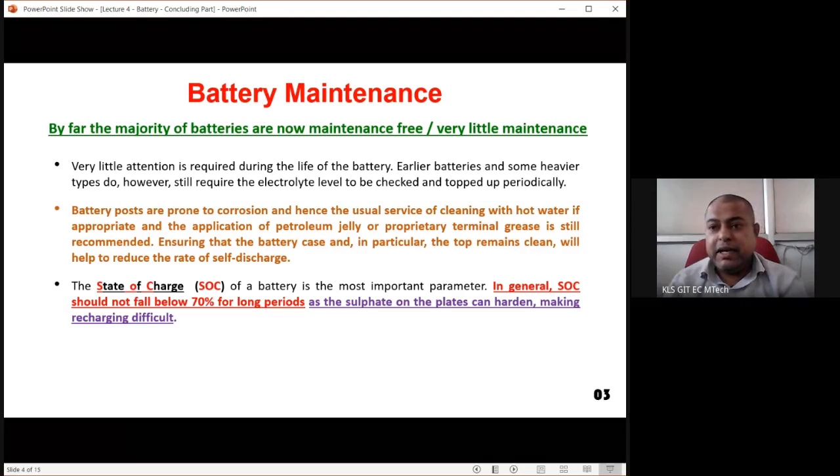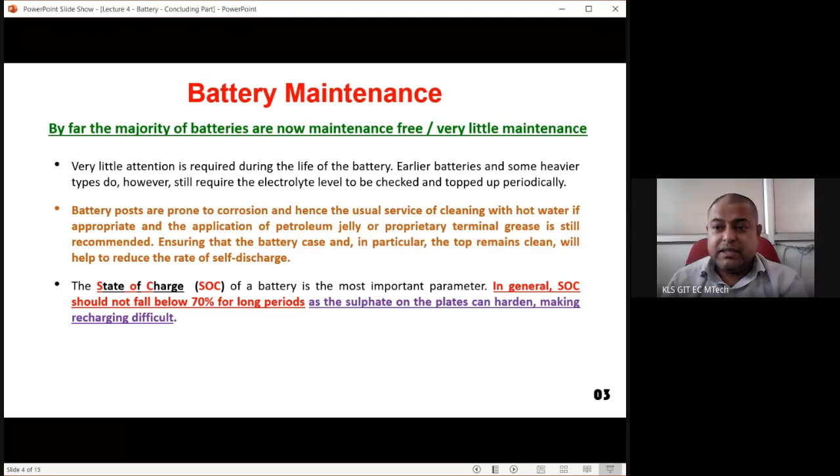I will show you the diagram of the hydrometer later on. It's like a thermometer kind of thing. You just dip the hydrometer into that hole, and it gives a reading. From that reading, we could interpret whether it is 0% SOC or 50% SOC. Ideally, it should be 100% state of charge. When the battery is fully charged, at 12 volt, SOC should be 100%.